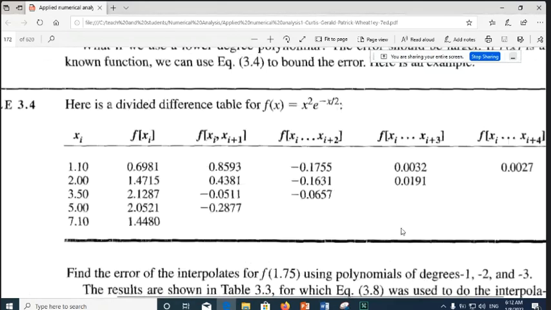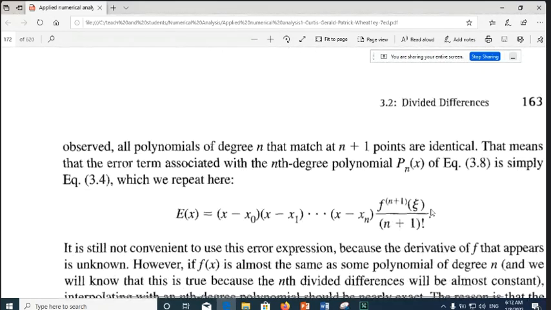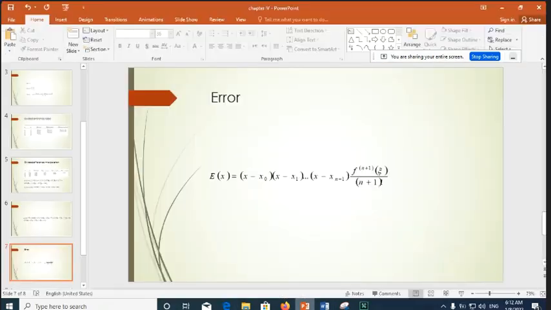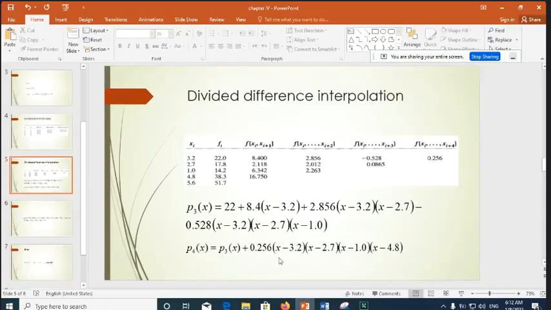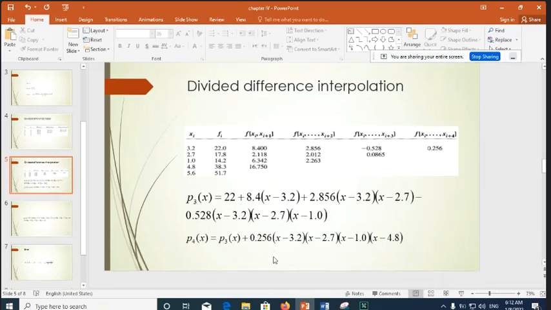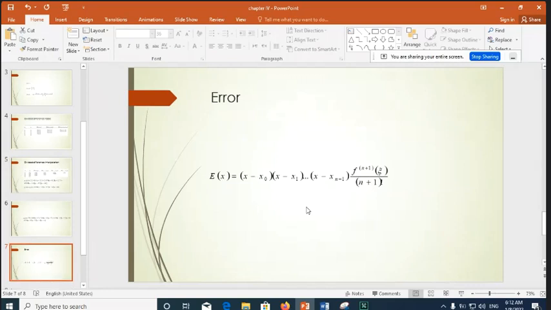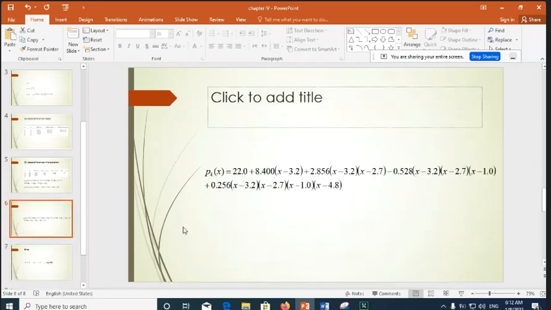You can see this error and the value of the next interpolation term, for example, the next term added to P3 is similar to the errors.